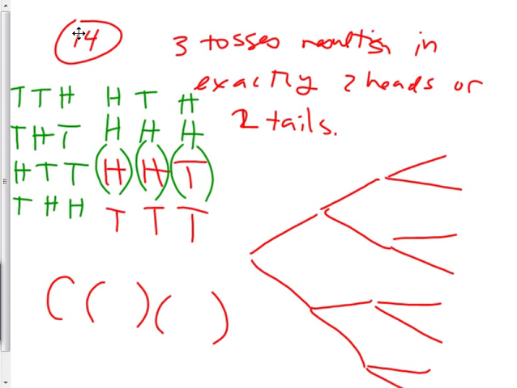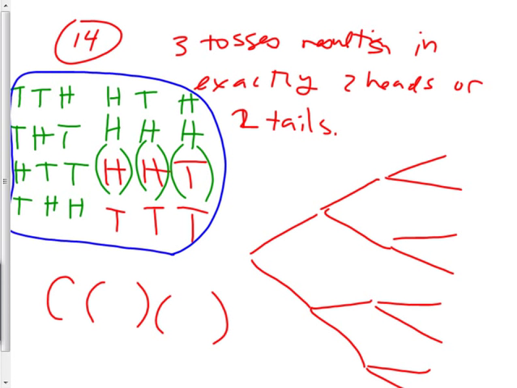Now, it's a probability, right? Probability is always what you want over what's possible. There's all the things that are possible. There's 8 things, so we put it out of 8. What do I want? Exactly 2 heads or exactly 2 tails? Does this have what I want? Yes, it has exactly 2 heads or exactly 2 tails in this case. Does this have what I want? Yes.